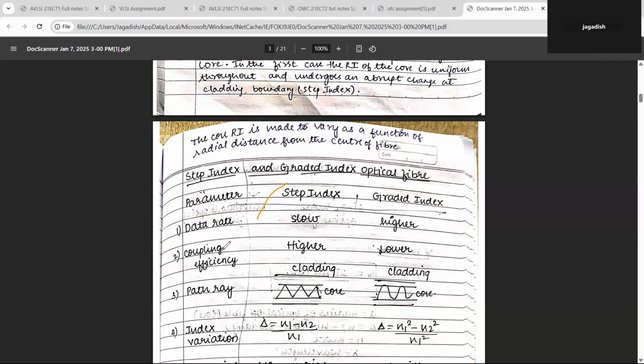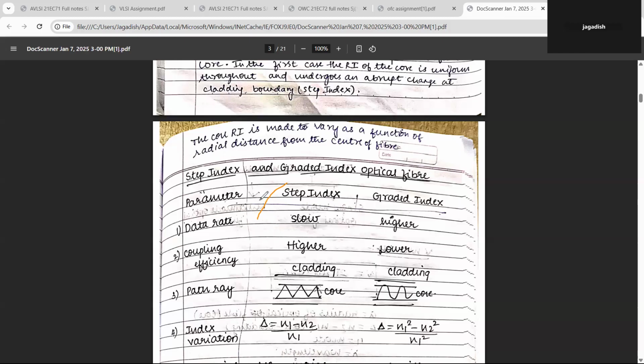What next? Coupling efficiency. It is the opposite: higher or lower, which will be which? What is coupling efficiency?